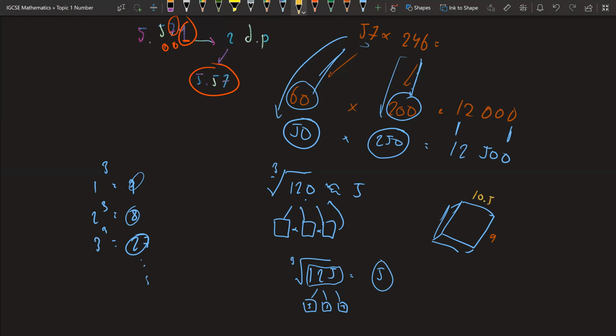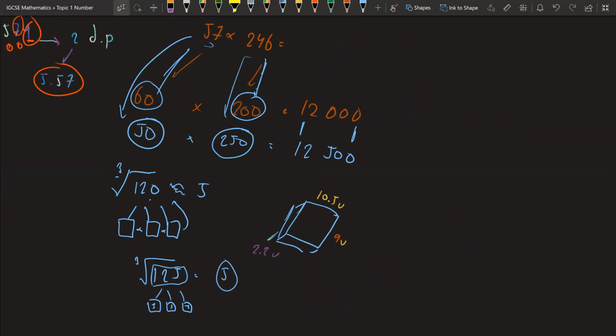It can be any unit. Any unit, could be centimeter or meter. It doesn't really matter. And the height here is 2.2 units. So let's say that I want to find the volume of this, right?